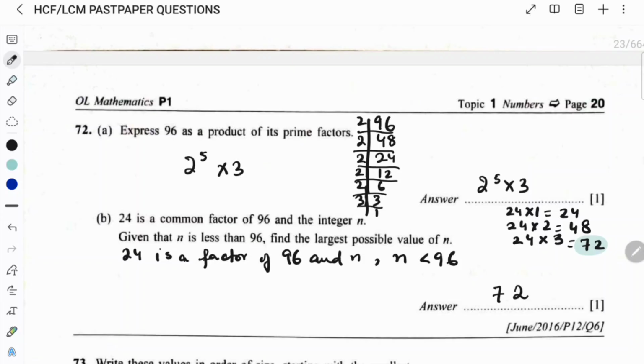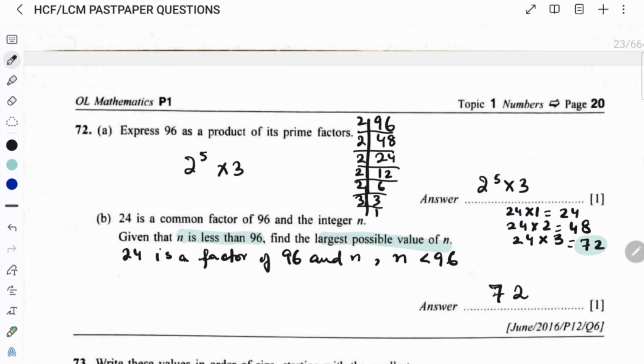We have to give the largest multiple of 24 which is less than 96, so we can't keep 24 and 48 because 72 is the other option, which is the largest.